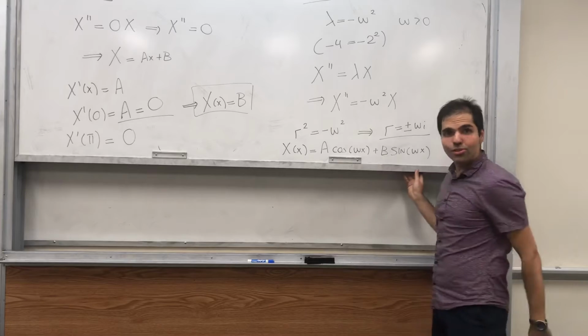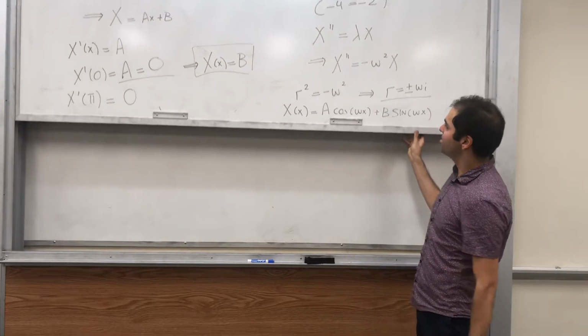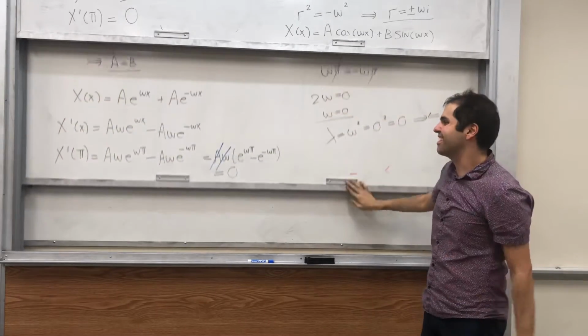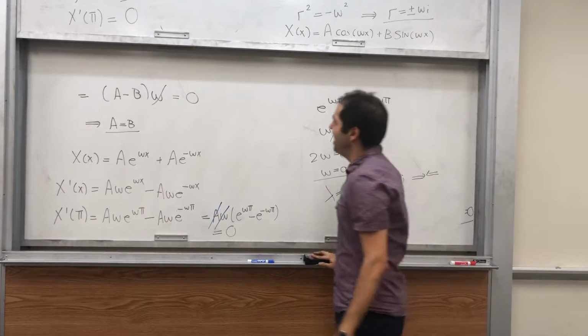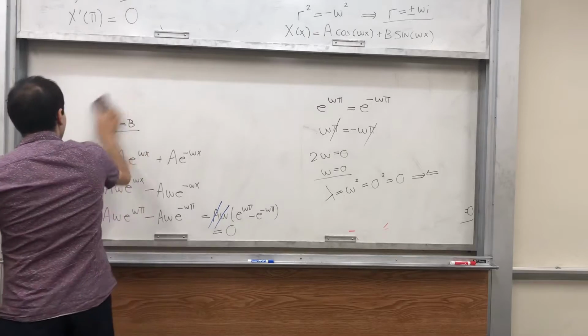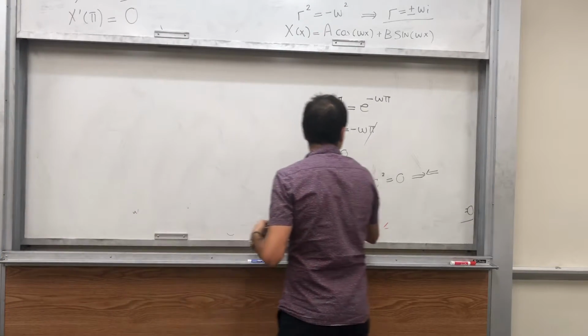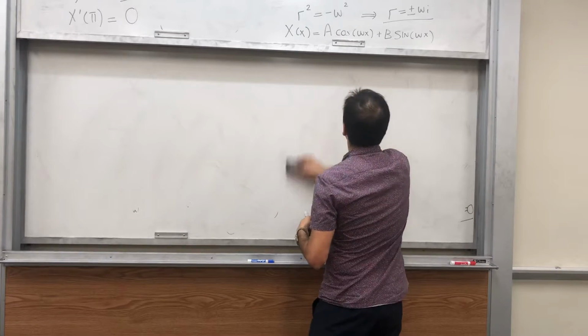And which is kind of the solution that we want, because waves aren't really exponential, they're like cosine-y. Now we just need to calculate the derivative and plug it in at 0 and pi.